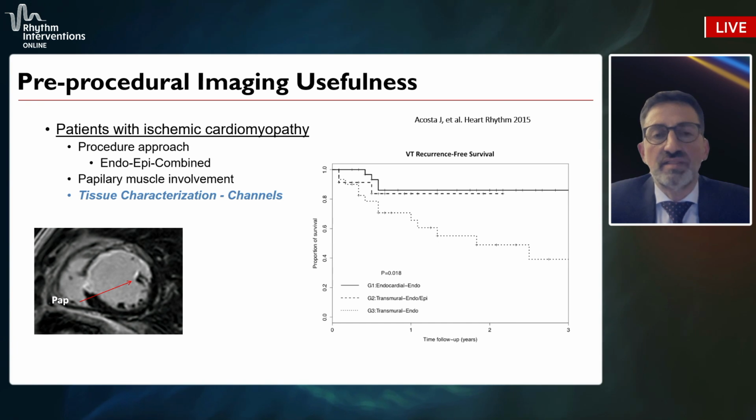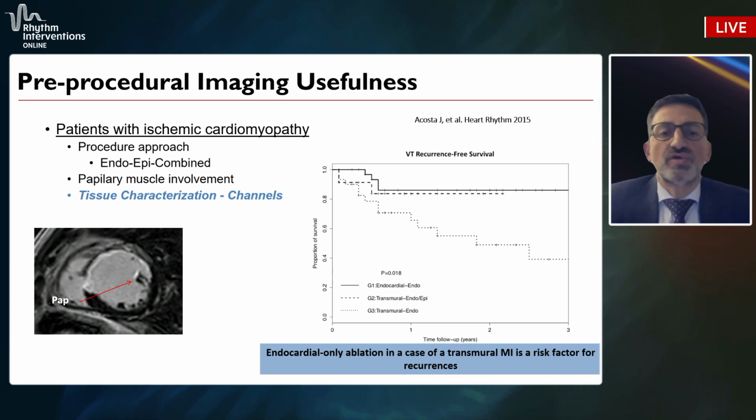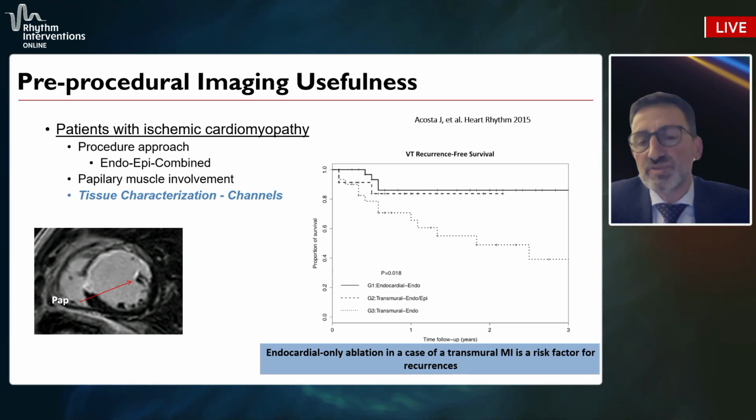Here you can see a cohort study in which VT recurrence-free survival was very good and very similar in patients with only subendocardial scars and only endocardial ablation, and in patients with transmural scar and endocardial plus epicardial substrate ablation. And what was clear here is that endocardial-only ablation in a case of a transmural myocardial infarction is a very important risk factor for recurrences in ischemic cardiomyopathy.